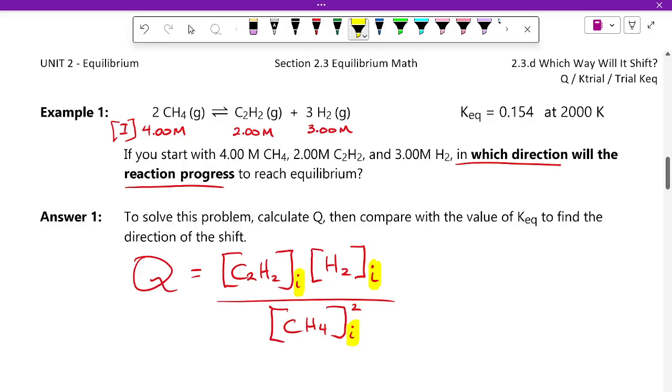So all you do is you write what would be KEQ, except you use your initial concentrations instead.